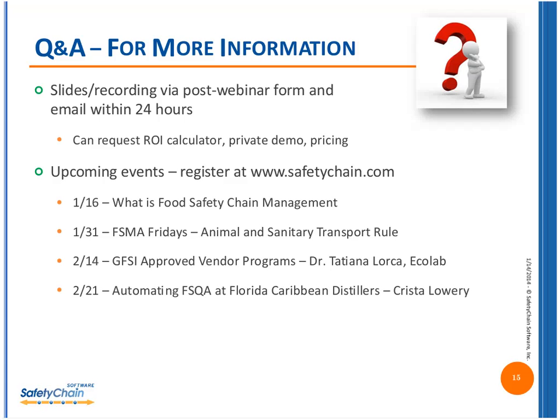No, I think it's the comment of SafetyChain, which is we're a repository of all that FSQA data. So if you have it in one electronic repository, you can search off of a key identifier, like Dan said, of a code date or a product or a lot ID.